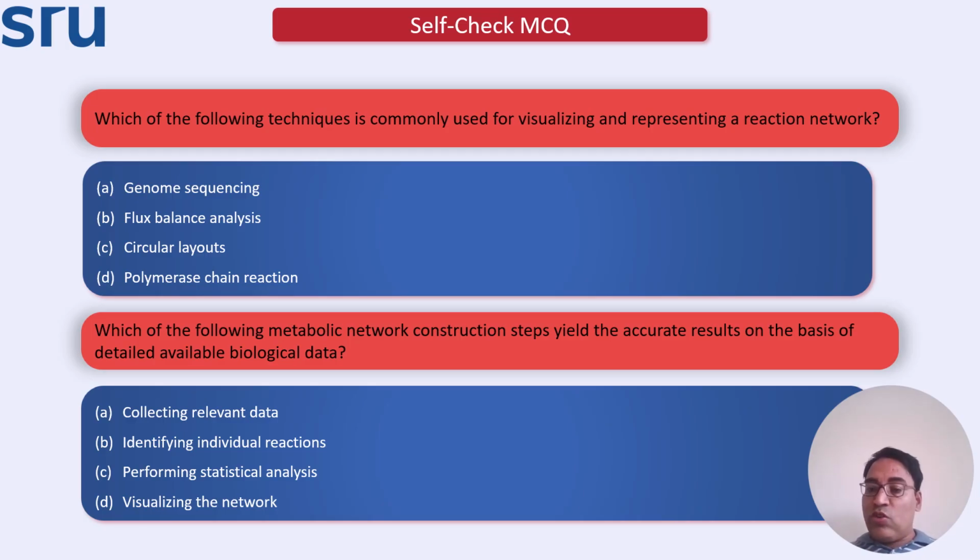Whenever we are doing a statistical analysis at the end, just like we discussed the p-values, that allows us to consider the most valid network solutions which can be constructed from a given data set. Multiple solutions of the graph may turn up, but statistical results help us to identify the accurate results. So option C is the right answer here.